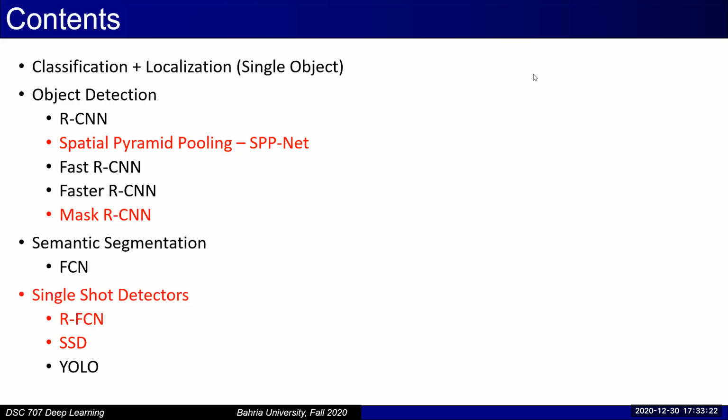But then we extended classification to classification plus localization, where we assume that the image still has a single object, but not only do we need to give the label of that object, we also need to tell the location of that object.